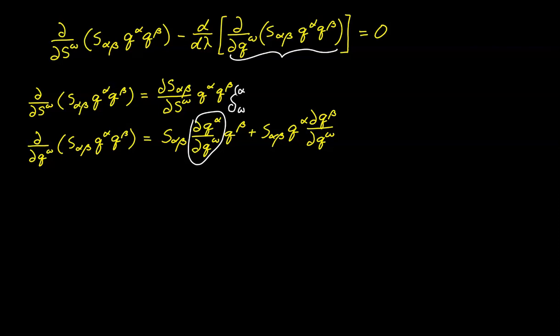And of course, that will absorb the alpha index here, leaving us with omega. Likewise, this factor is delta beta omega, and it will absorb the beta index here, leaving us with omega in this position.